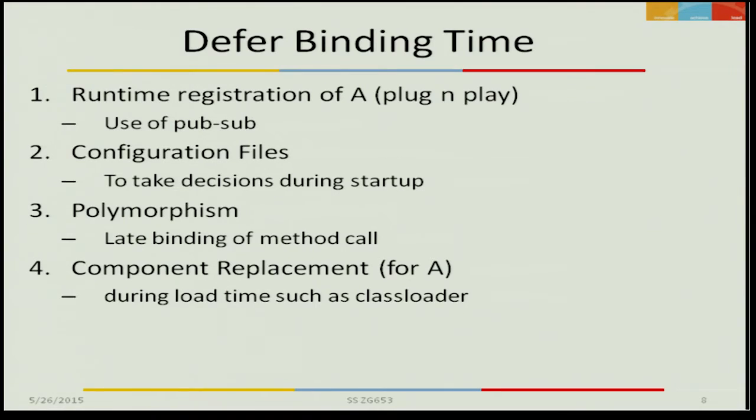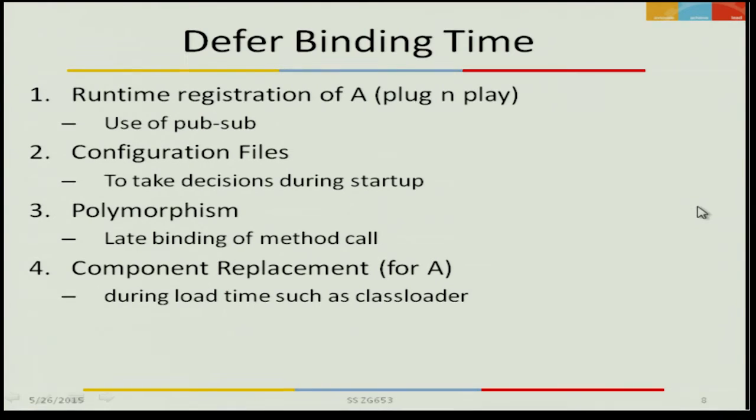So what happens is that in Java, for example, and even in .NET, there is a class loader module which basically loads a class, and using the class loader module, the component loading is really deferred to runtime. It is not done at compile time.